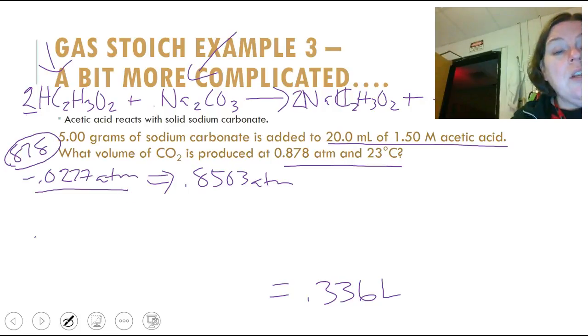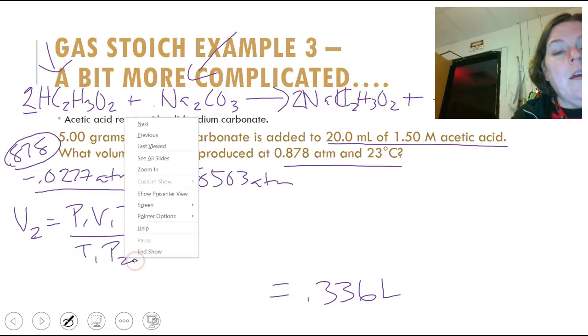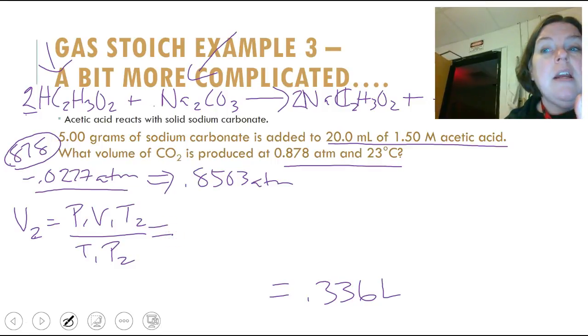So now we can use V2 is equal to P1 V1 T2 over T1 P2. Be really careful here though, because we're in STP and we're going to something else. So P1 is 1.0 atmospheres.